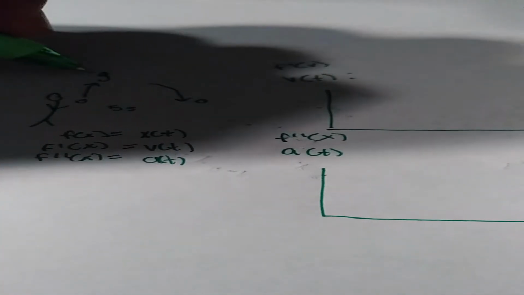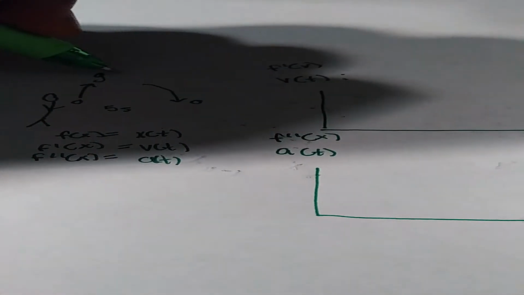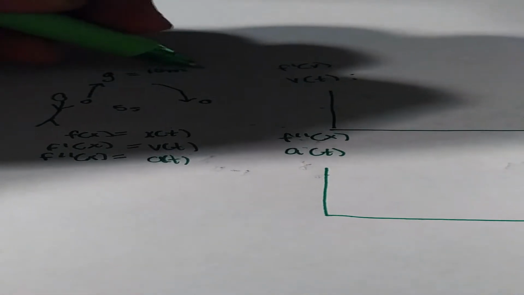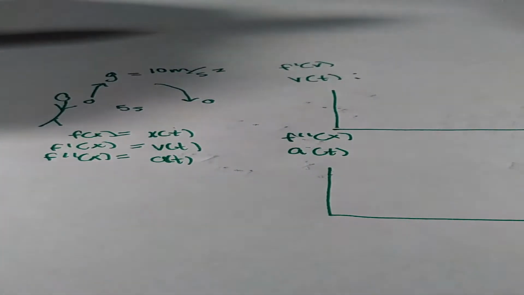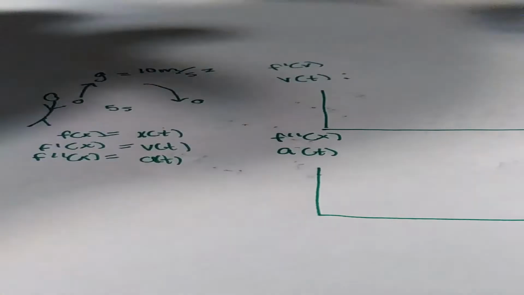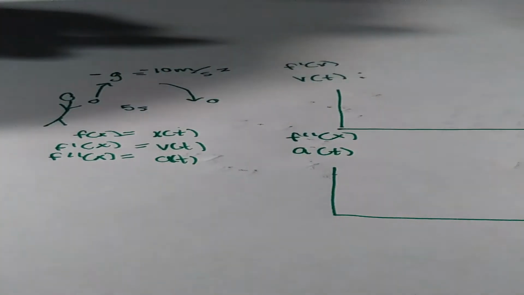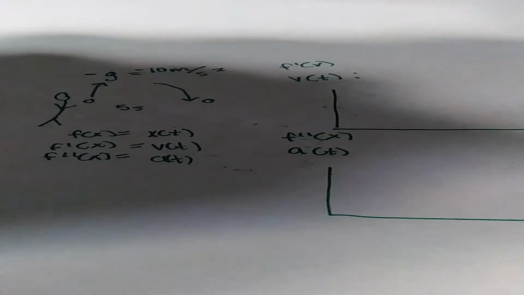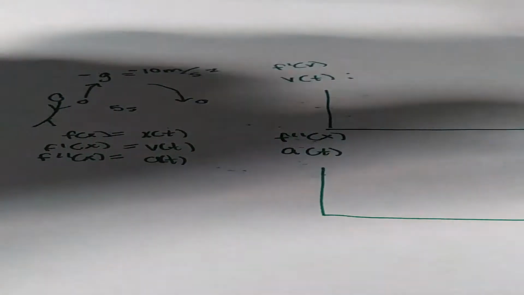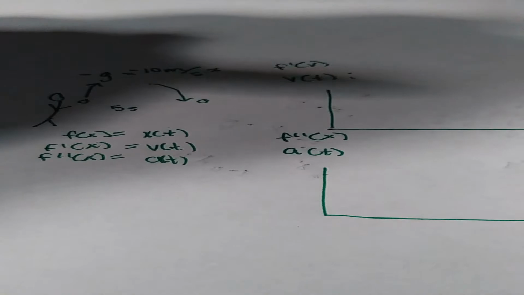Well, we know g is 10 meters a second. Now, what is g? G is simply the gravitational pull of the earth, and it's negative g here because it's pulling us down to the earth, so negative 10 meters a second squared.